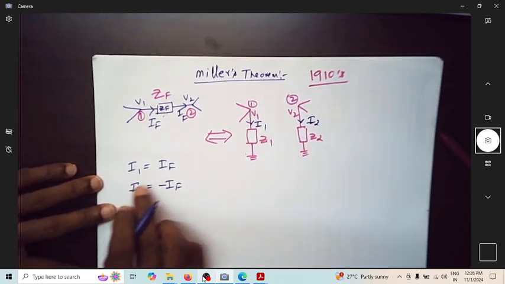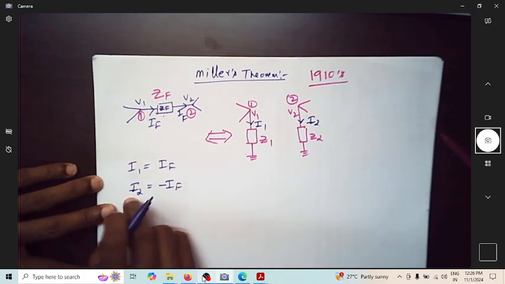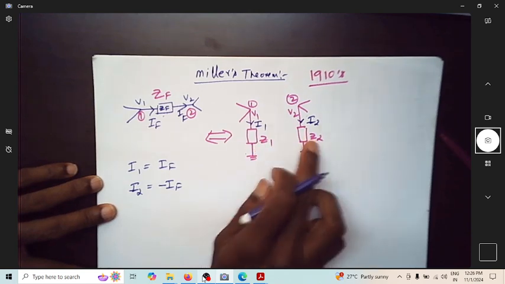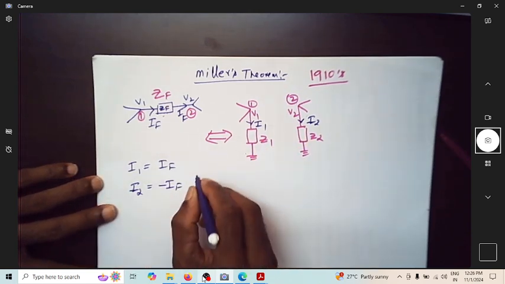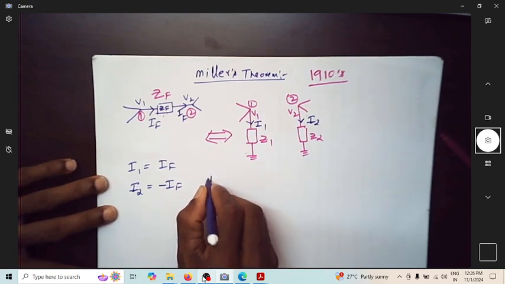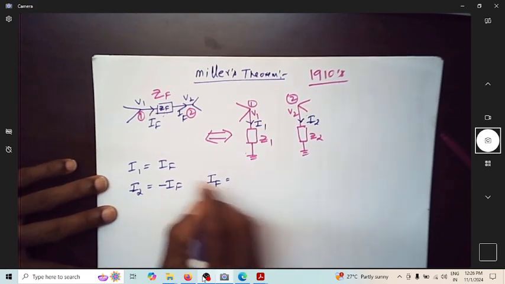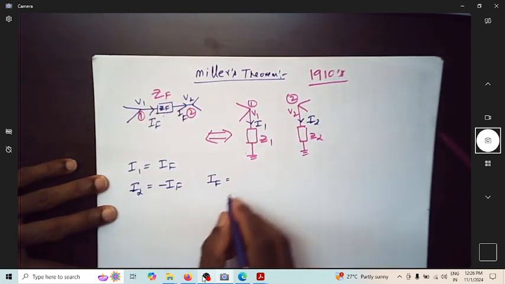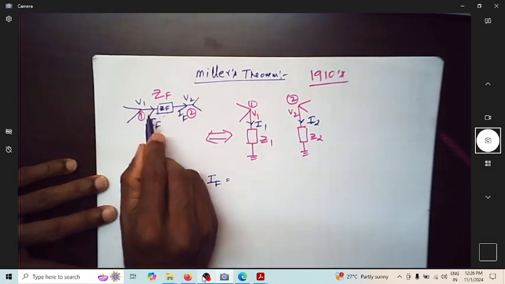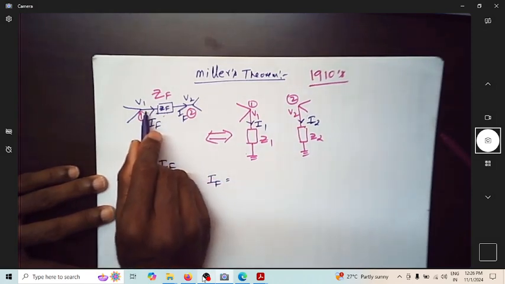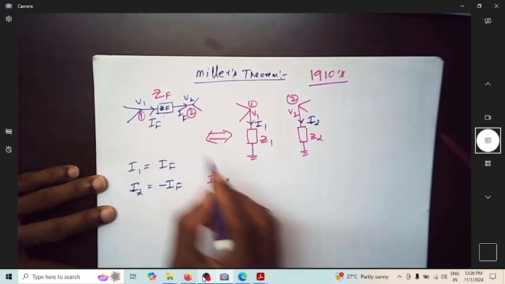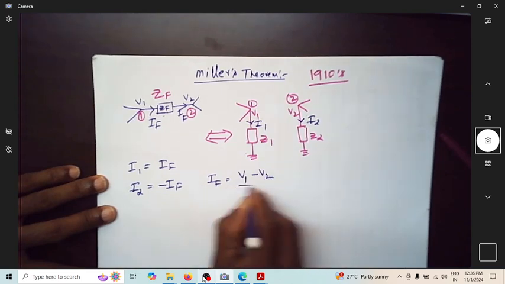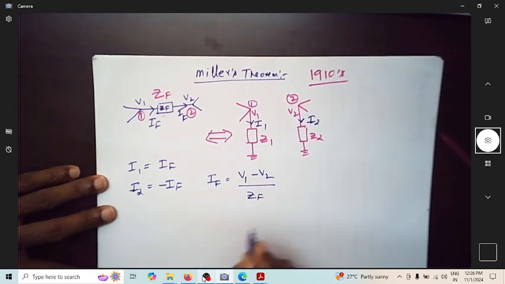So now if I equate these two, then I'll get the equivalent of Z1, Z2 in terms of ZF. Now what is actually IF? IF is the current flowing in this ZF with a potential difference of V1 minus V2. Since we are considering that current is going from V1 to V2, V1 is at higher potential, so IF is V1 minus V2 divided by ZF.